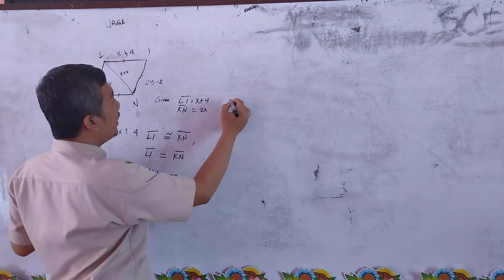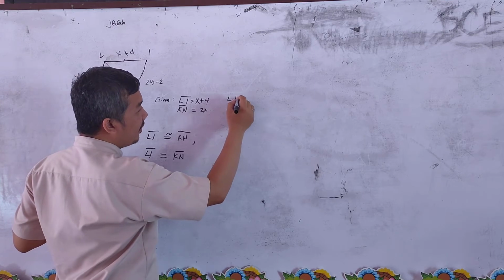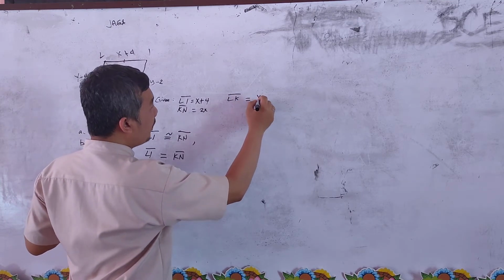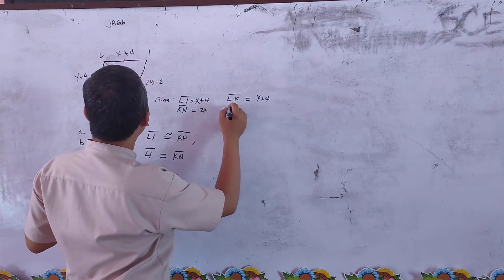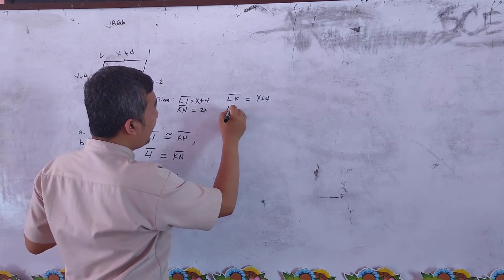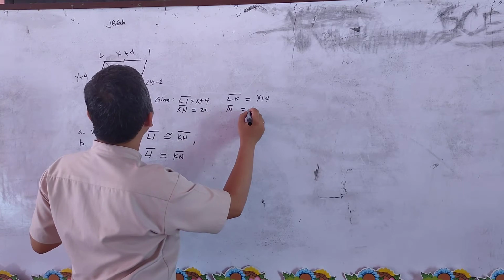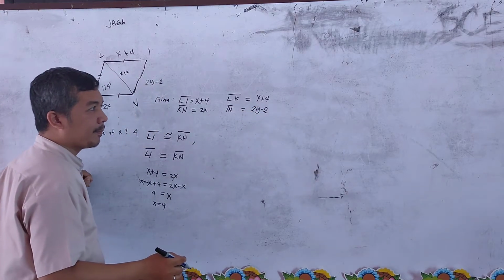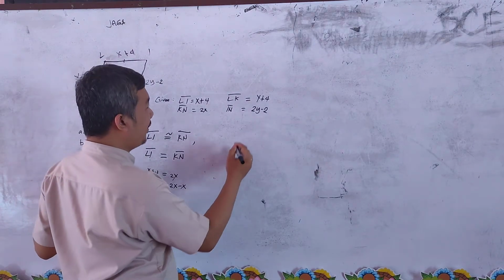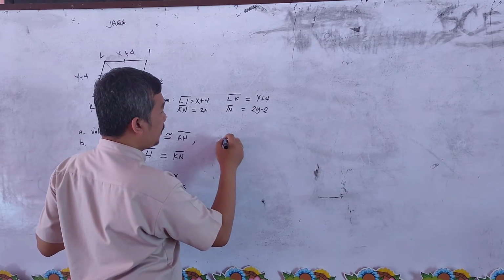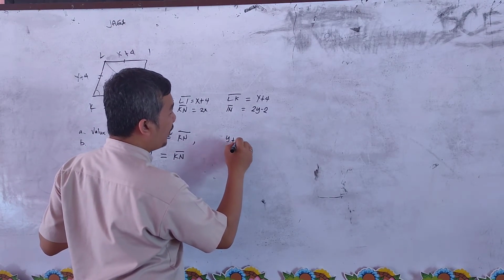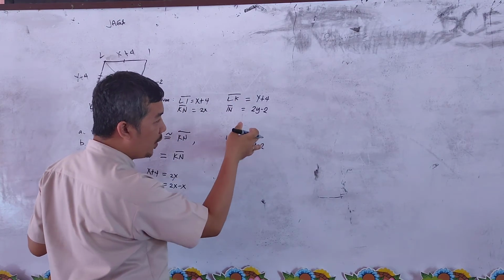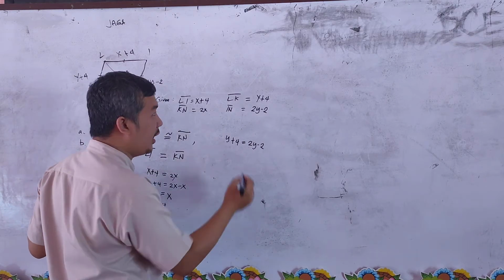Ang mangyari, si line LK is equivalent to y plus 4. Tapos si line IN is equivalent to 2y minus 2. Therefore, y plus 4 is equals to 2y minus 2. Dahil congruent sila, no? Shortcut na lang natin.